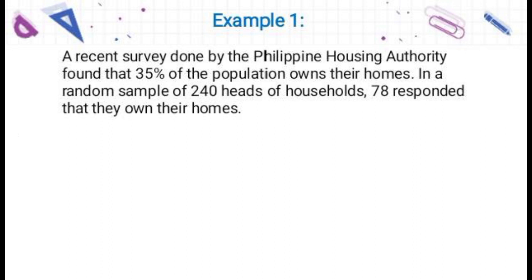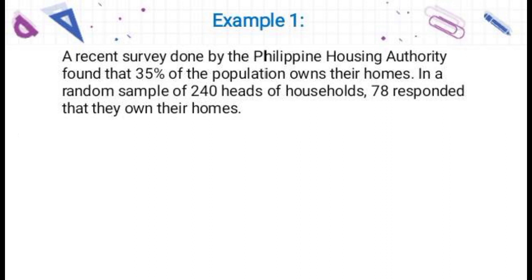Number 2, the condition for the binomial distribution is satisfied. There is a fixed number of trials. This is our sample size, 240 households, or our N. Next, the trials are independent. The answer of one household will not affect the answer of other households. Next one, there are two categories of outcomes. It's either they own their home or not.